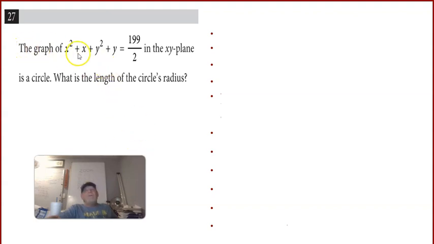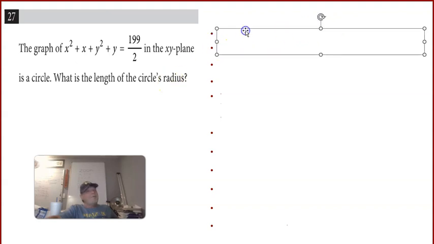So it says the graph of x squared plus x plus y squared plus y equals 199 over 2 in the xy plane, so it's in a coordinate plane, is a circle. This happens to be the graph of a circle. What is the length of the circle's radius? There's a lot of stuff going on here in this problem.